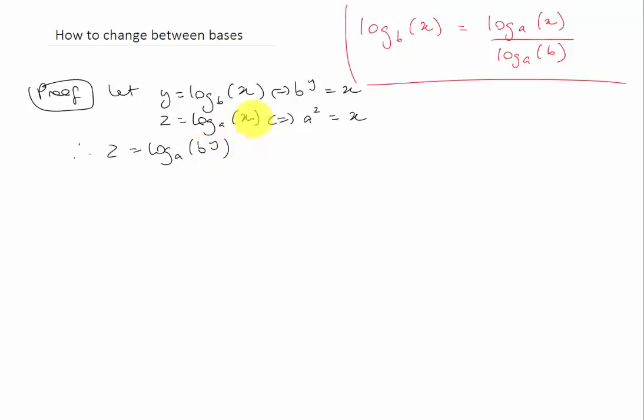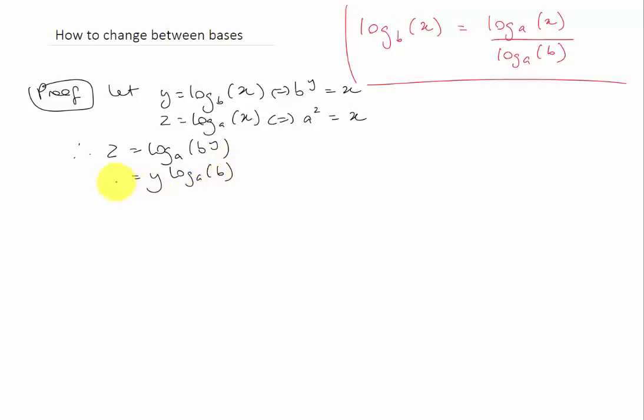because I've just replaced x there by b to the power y, and then we're going to use the rule I've just shown you. So we're going to get the y and multiply the whole thing by that, so y times log a of b is the same thing.